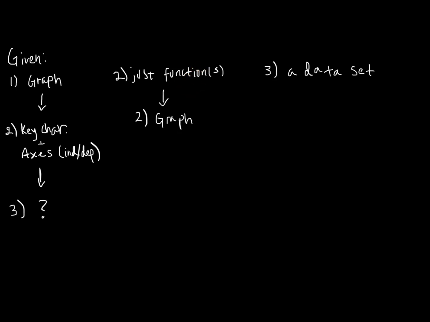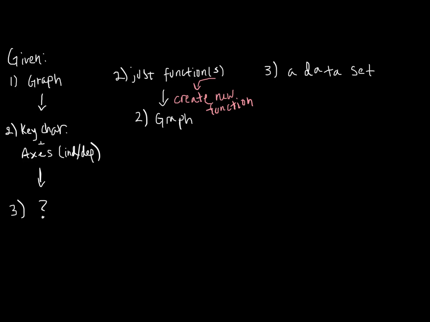If we're given multiple functions and asked to create a new function, we might have to create a new function before we can graph. So if we're given multiple functions, then we might need to create a new function. Think about the profit function, right? Create a new function, and then we can graph it.